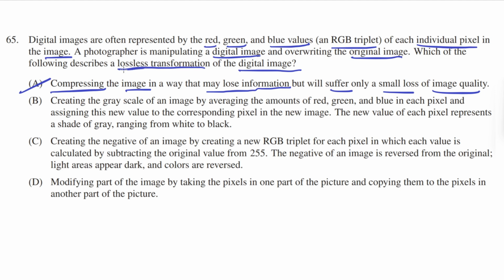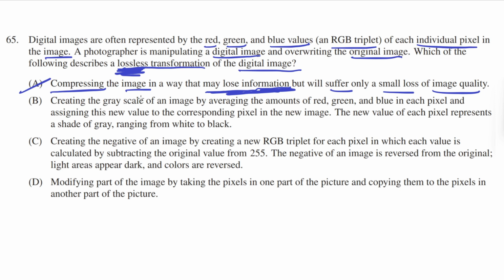Lossless means every single RGB value for every single pixel is retained or is restorable. And in this answer choice A, we see that it says that we lose some information. Even though it's a small amount, this is still not lossless.